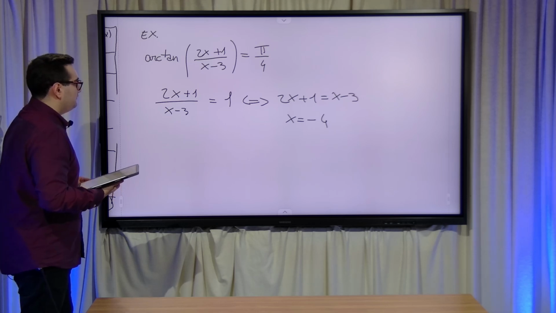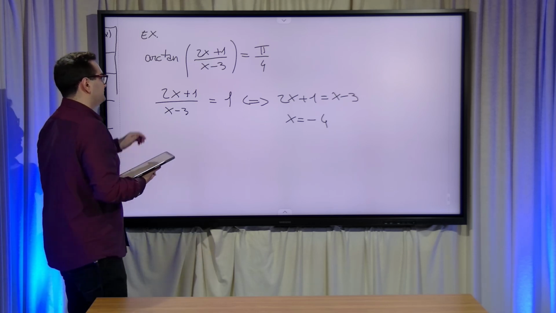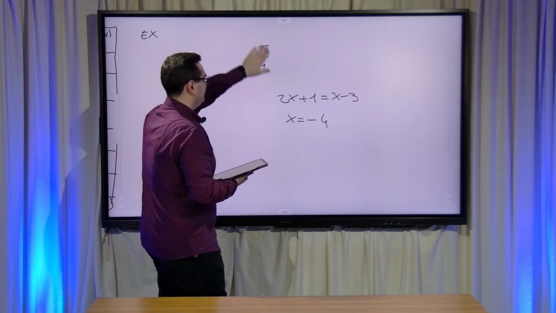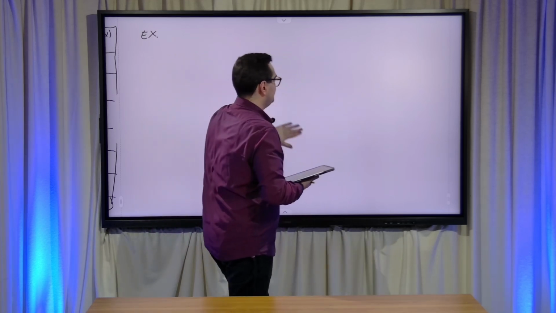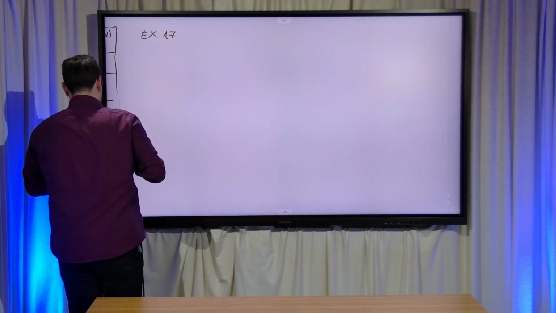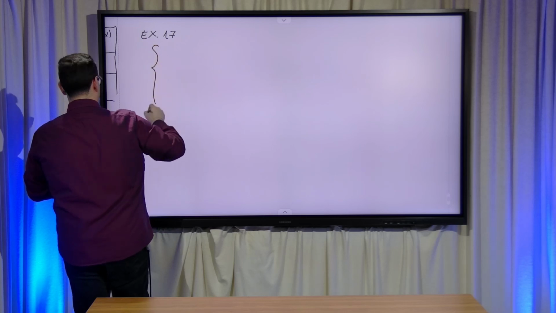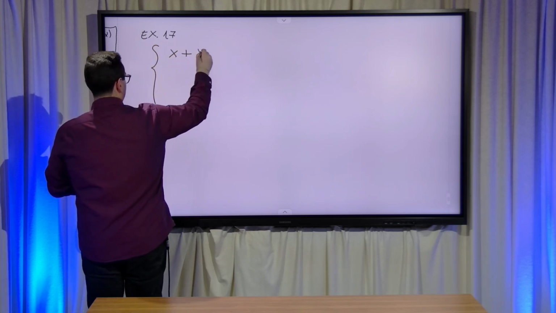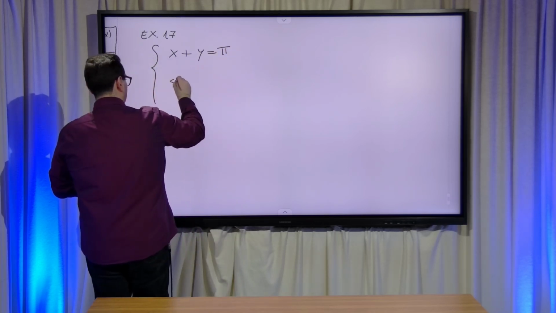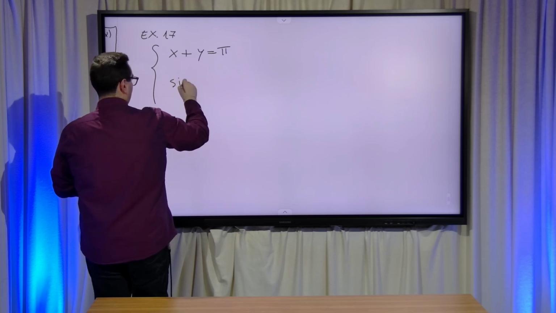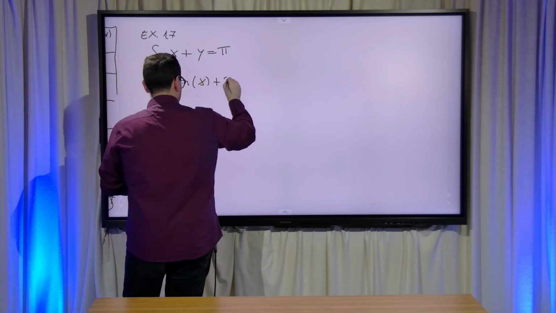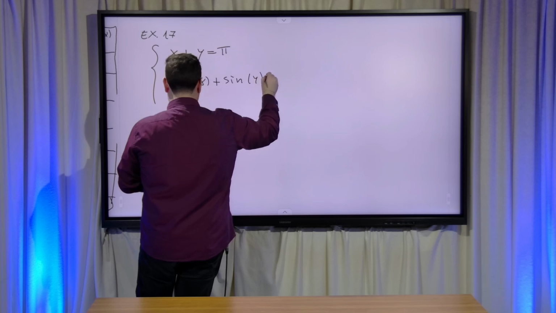Let's do one last exercise with the equations before going to inequalities. And this one is a system of equations. So x plus y is equal to pi, and sine of x plus sine of y is equal to 1.